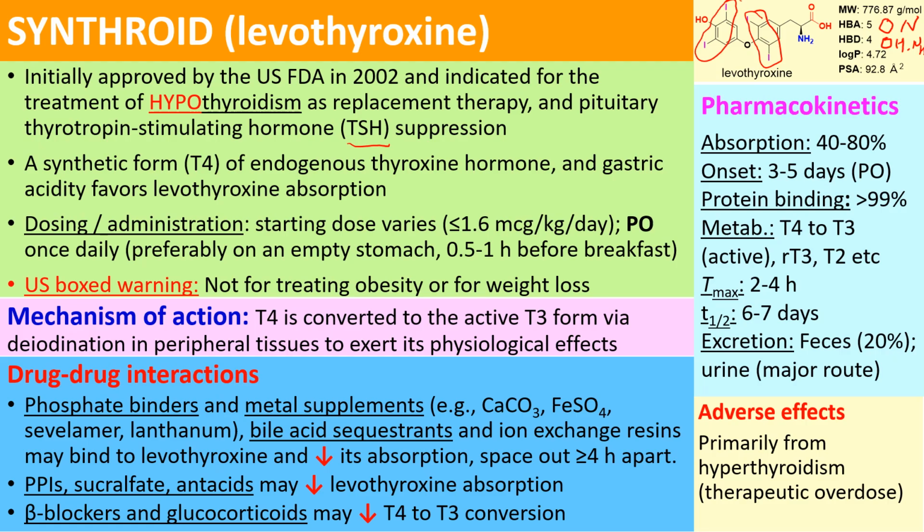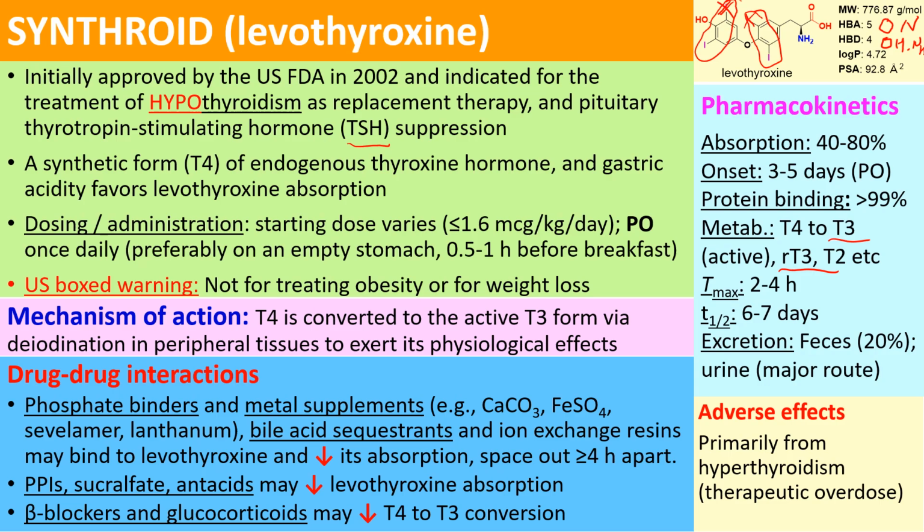For metabolism, T4, the drug molecule, is converted to the active T3 form by removing 1 iodine from the outer ring. So that's the deiodination process. Or it will be metabolized to reverse T3, by removing 1 iodine from the inner ring, or to T2 metabolites.